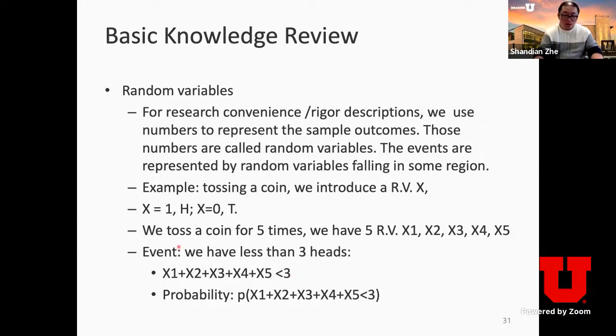The reason is that when X is a tail, the value of X is 0, so it doesn't have any effect in the summation. And then the probability of such an event is the probability that this inequality holds.